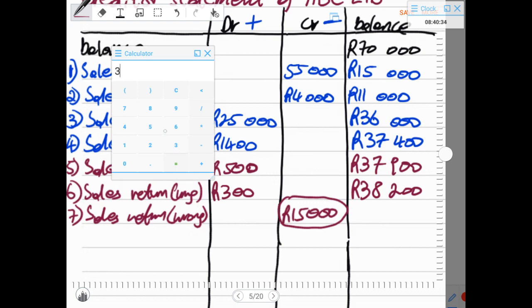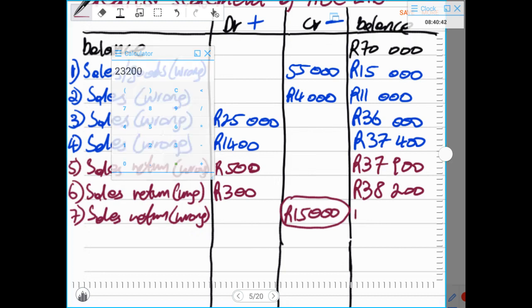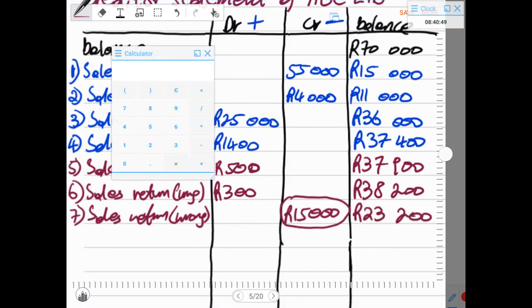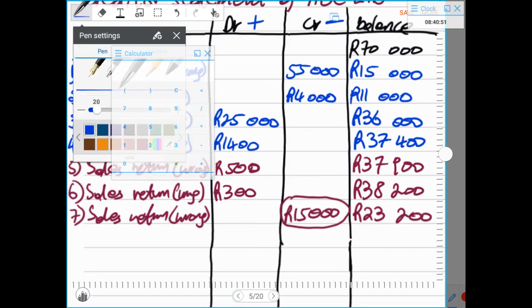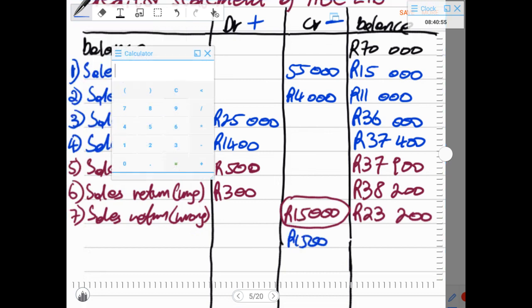Now we first have to say 38,200 minus 15,000 rands. Then we see that our balance will be 23,200. But had we recorded the right amount, which was 1,500 on this side, it could have been 38,200.